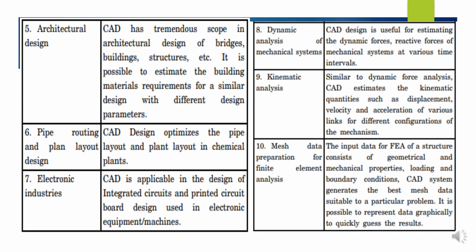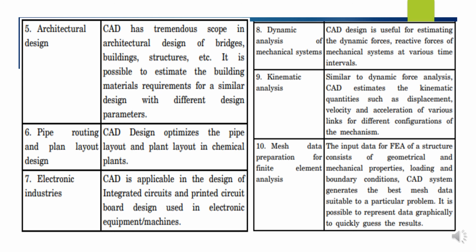Pipe routing and plant layout design: CAD optimizes the pipe layout and plant layout in chemical plants. Electronic industries: CAD is applicable in the design of integrated circuits and printed circuit boards used in electronic equipment or machines.